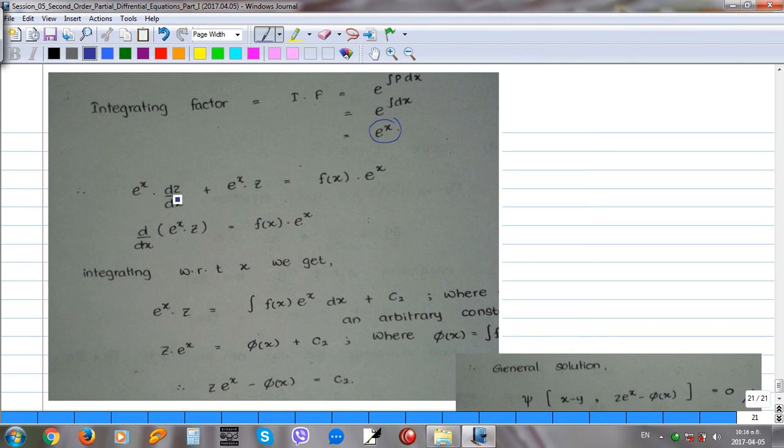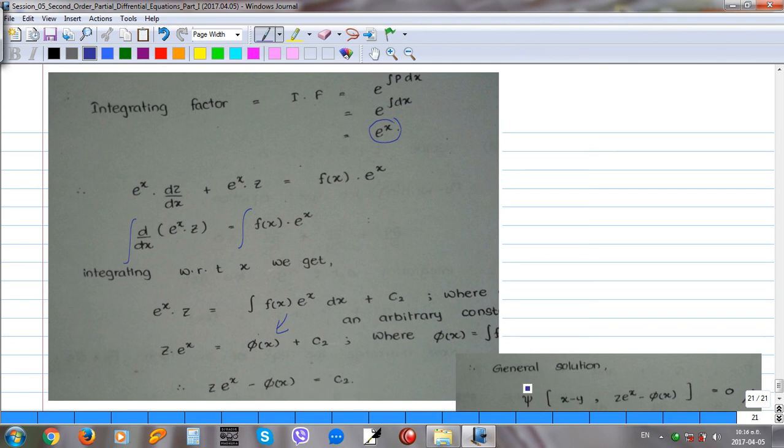Then what happens? e^x dz/dx plus e^x z equals f(x) times e^x. Then you can write this as d/dx of e^x z equals f(x) e^x. Now you can integrate with respect to x, then here e^x z equals the integral of f(x) e^x dx. So you can introduce a function for this one, that is φ(x), plus c2. Then finally you can write c2 equals z e^x minus φ(x).